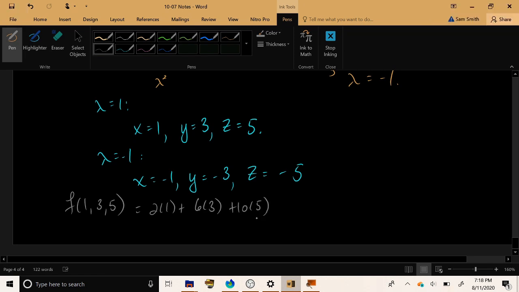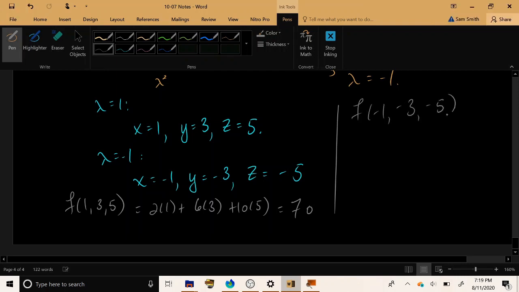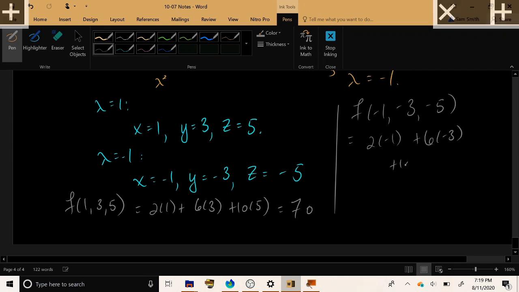So this is going to be a fairly large positive number. This is going to be 50 plus 18, so that's 68 so far. This is going to be 70. If I plug in negative 1, negative 3, negative 5, the entire expression changes to its opposite, and so I'll get negative 70 from that.